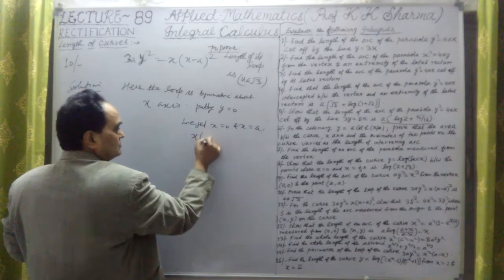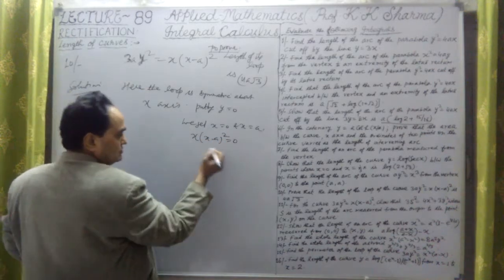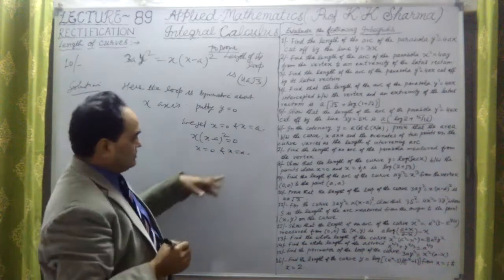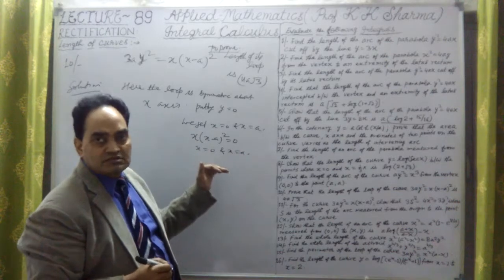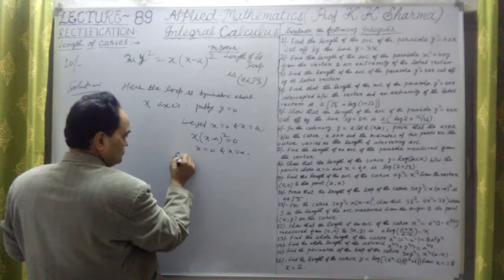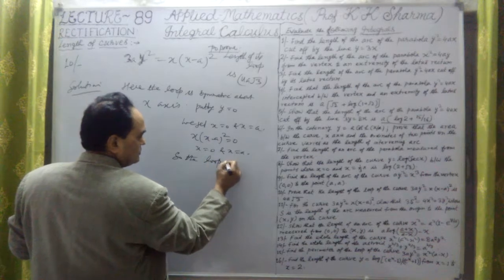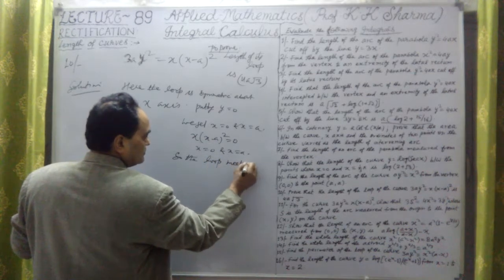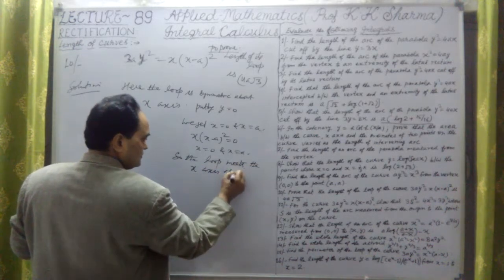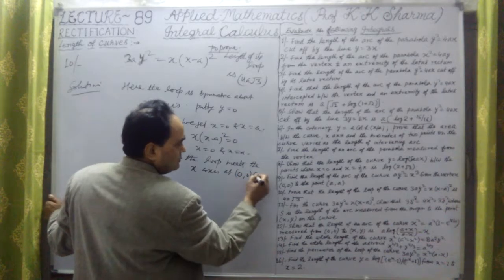Why? In that situation x into x minus a whole square equals 0. Y square is 0, then it will be x equal to 0 and x equal to a. It means the curve is meeting the x-axis at a, 0 and 0, 0. So the loop meets the x-axis at 0, 0 and a, 0.